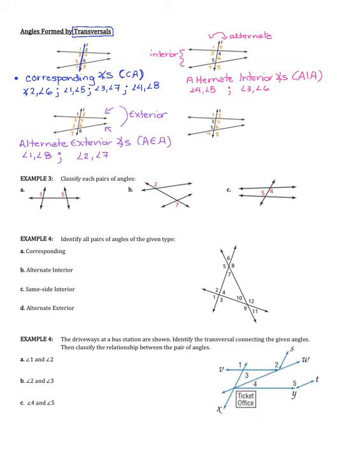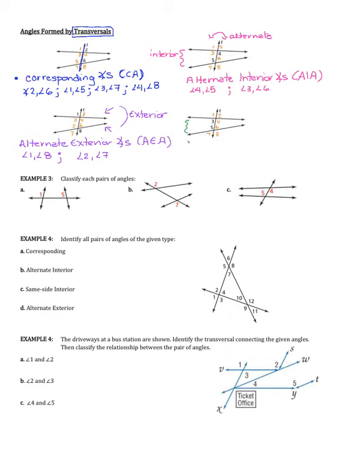And then the last relationship we're going to be looking at here, it had a better name in previous geometry books, but I guess we can deal with this one. This is when we're going to have, again, interior, but on the same side of the transversal. So we used to call them same side interior, which made a lot of sense.